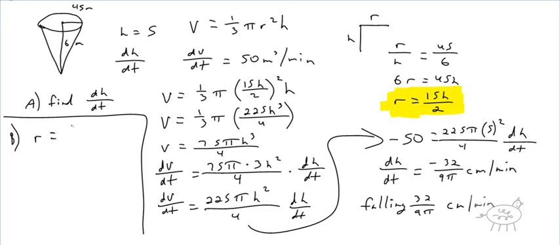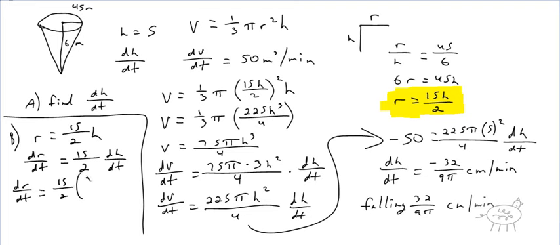Okay, so let's do that. r is equal to 15 halves h. Take the derivative, it's dr/dt equals 15 halves dh/dt. Okay, and then plug it in. dr/dt equals 15 over 2 times negative 32 over 9 pi.